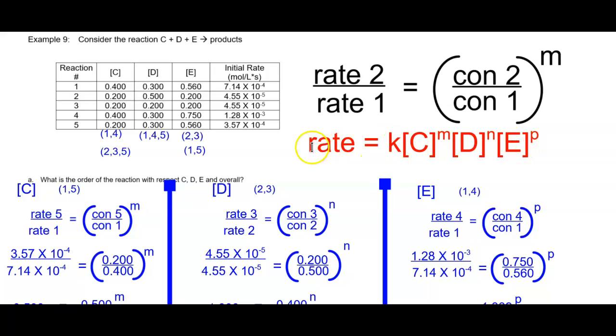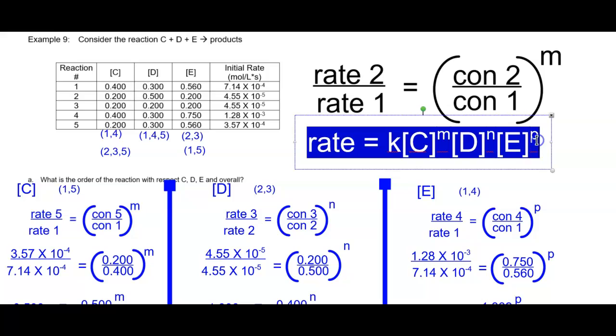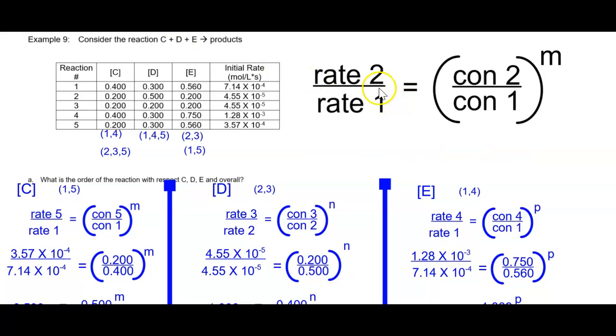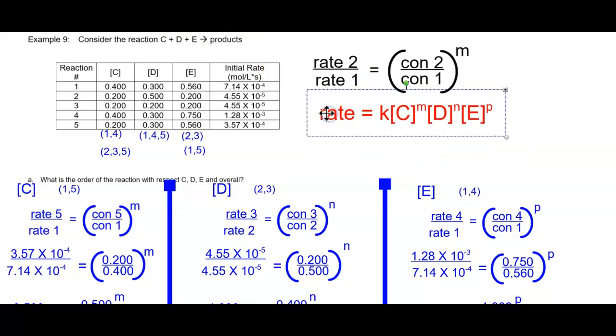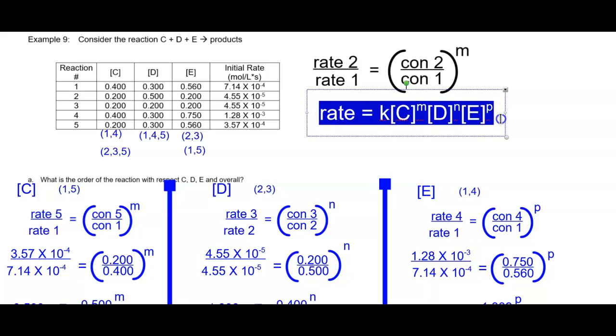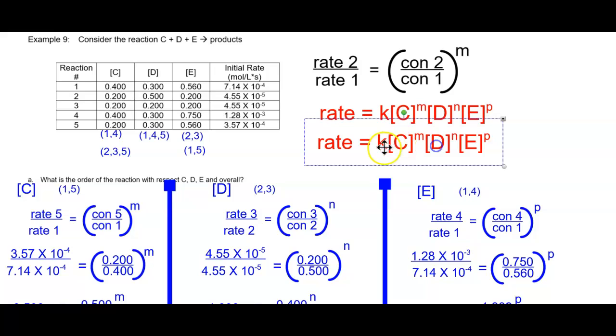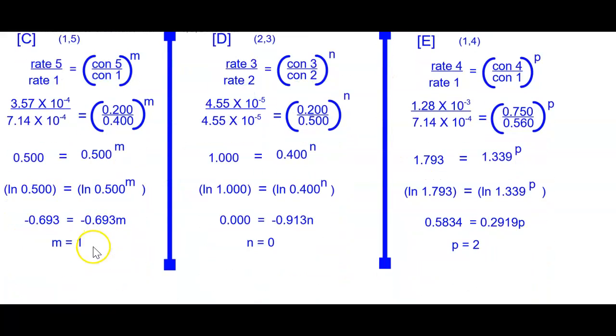So rate equals k. So now we can actually write the proper expression based on the data we've collected and the calculations we have made. Rate equals k. We know that C was to the first order.